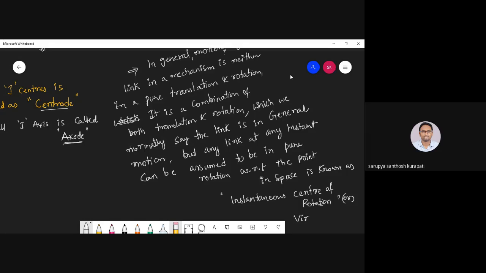In some questions they may ask you for the virtual center, so don't get confused, both are the same. So virtual center or instantaneous center of rotation.